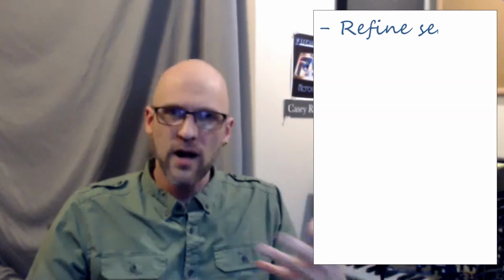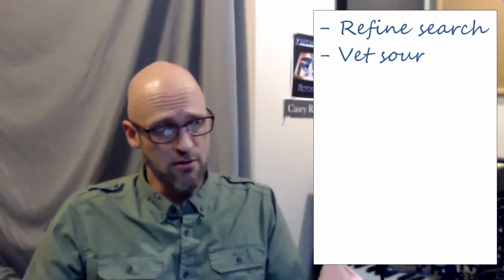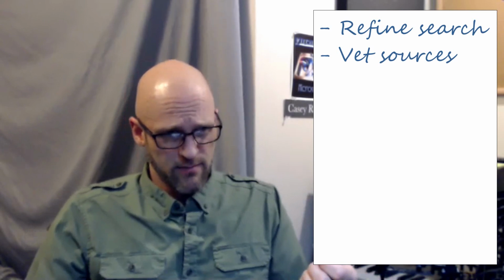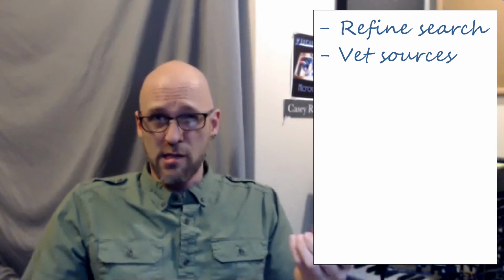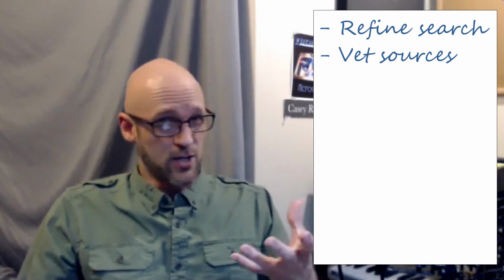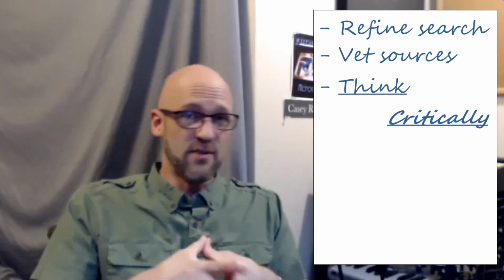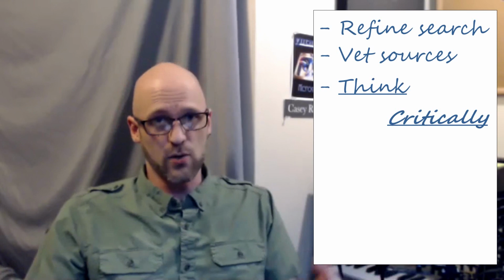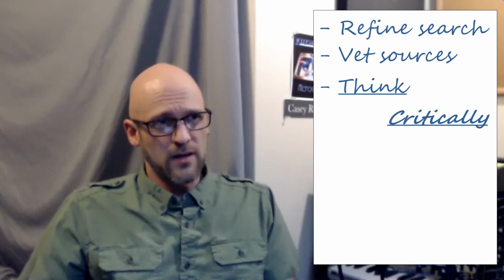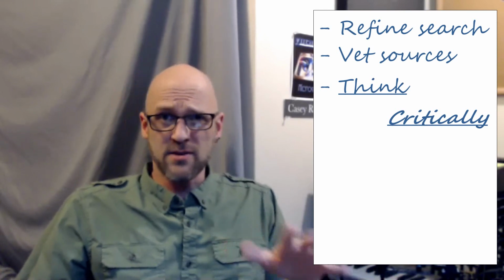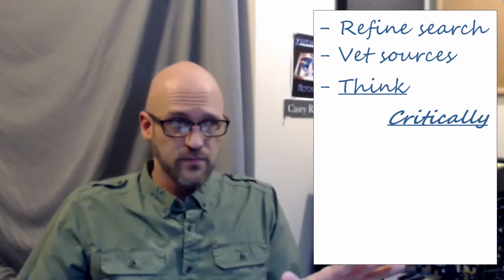So, I've talked about how to refine your research, how to vet your research. And I think I've tried to instill this idea that you should take it with a grain of salt if there's an obvious amount of subjectivity to it. And I really just want to stress that doesn't mean you have to discount it.